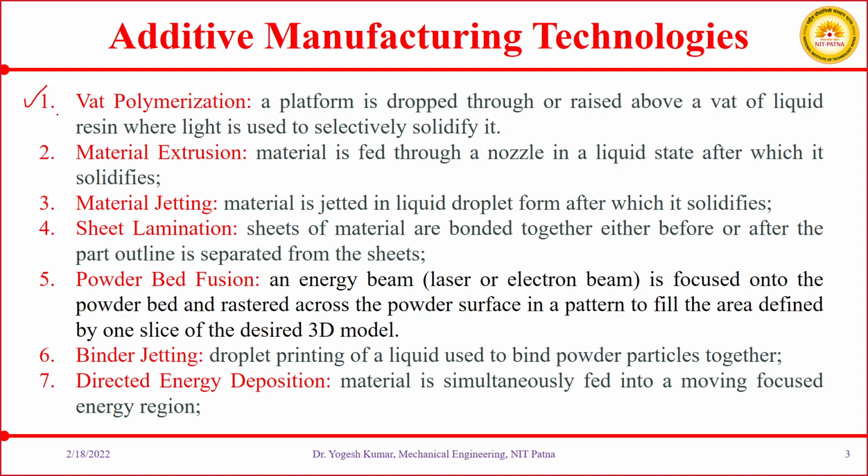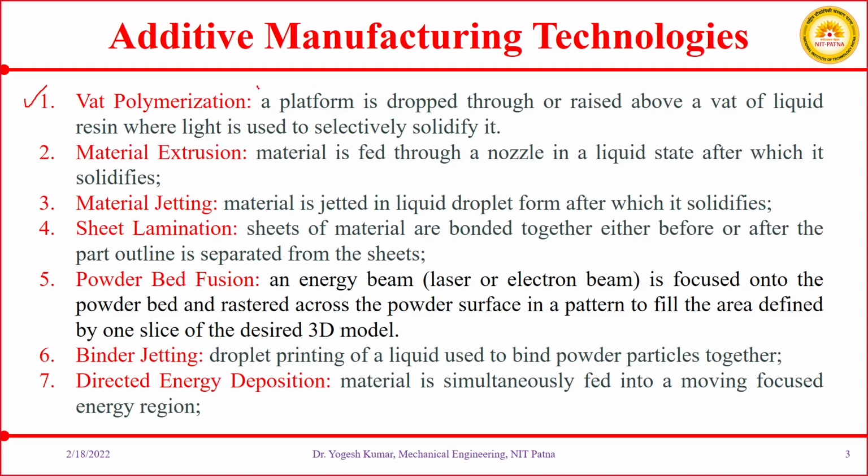First is wet polymerization, then material extrusion, material jetting, sheet lamination, powder bed, binder jetting, and directed energy deposition. We will be talking about these processes one by one, and our whole discussion in module 2 will be focused on wet polymerization processes.